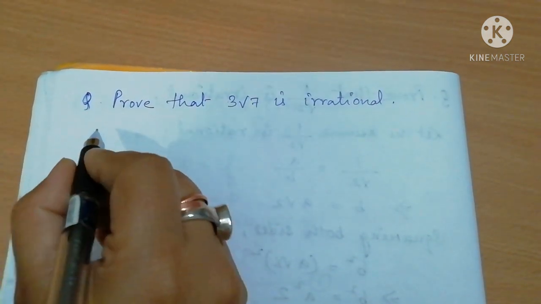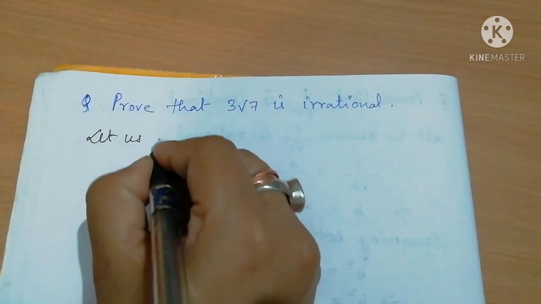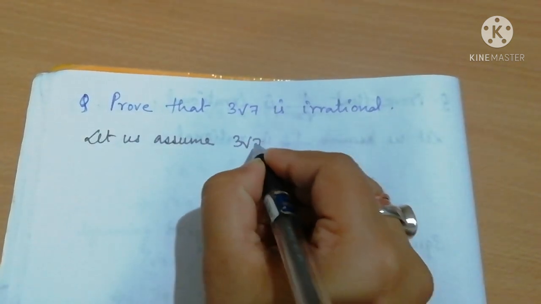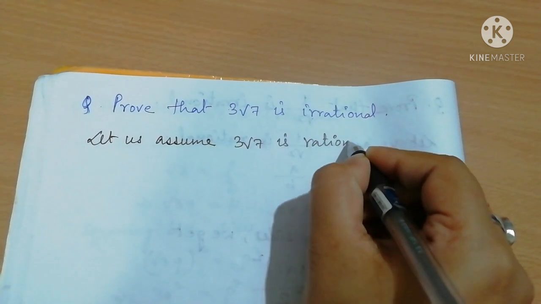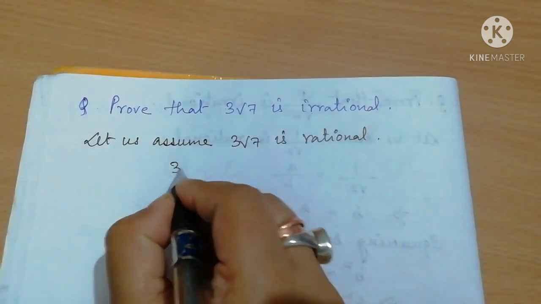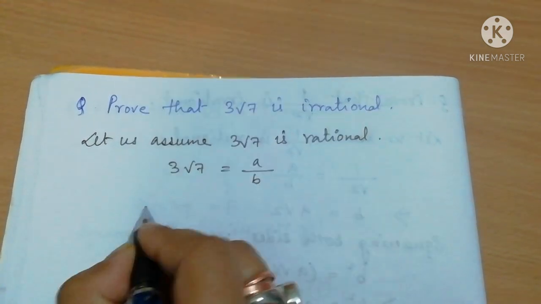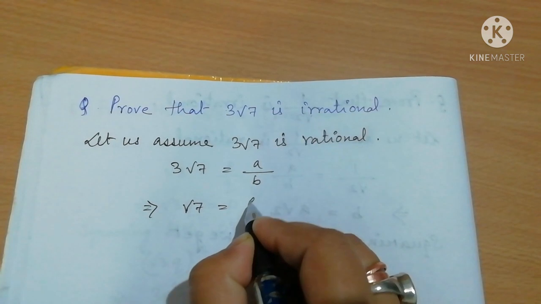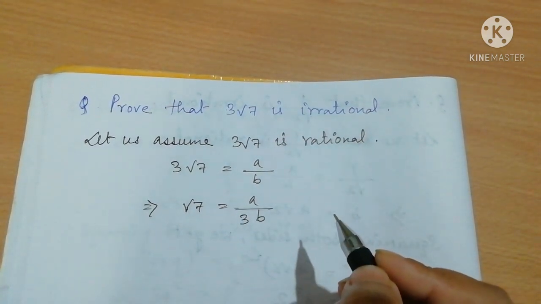We'll assume this 3 root 7 as rational. So let us assume 3 root 7 is rational, which means 3 root 7 equal to a by b. So I can write root 7 equal to a by 3b, isn't it?